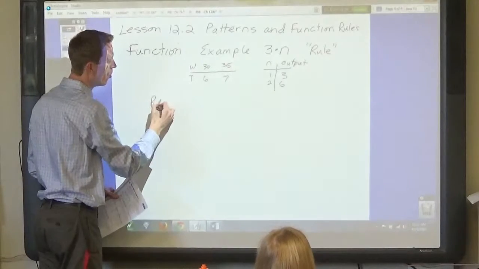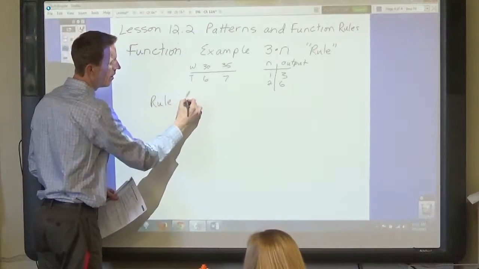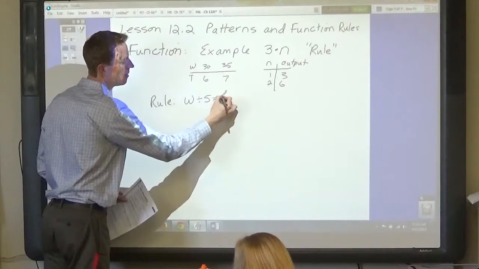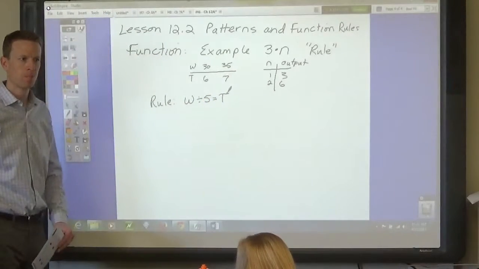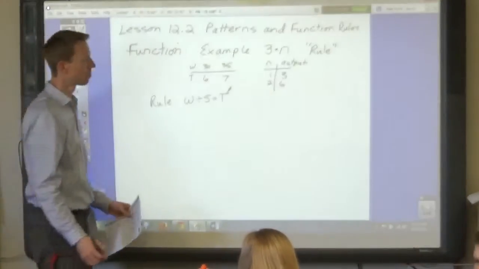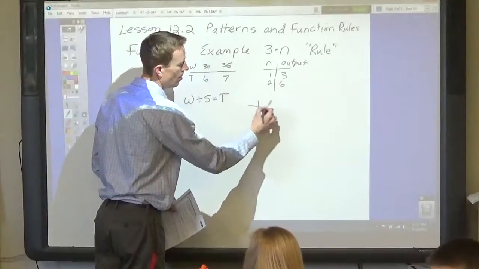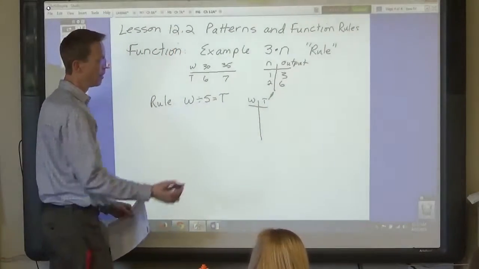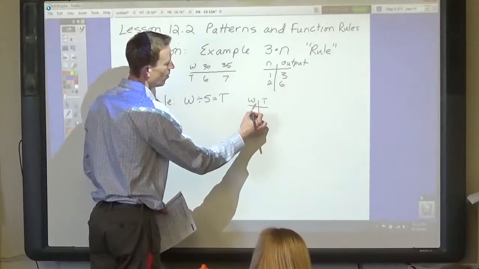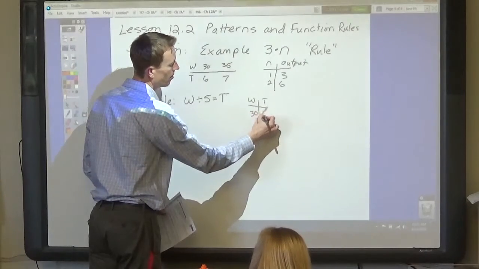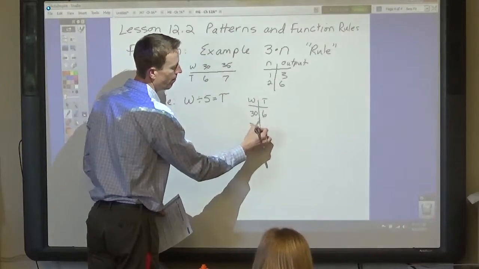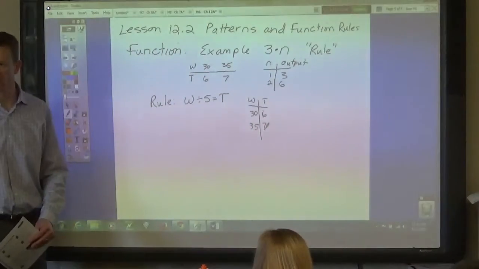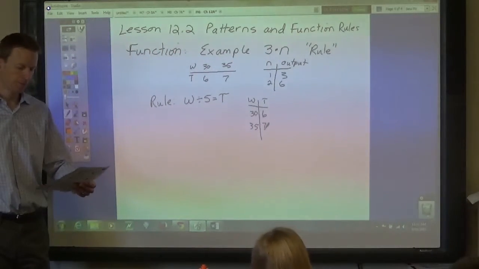So the function rule is W divided by 5 equals T. If we wrote it out this way, W and T would look like this: 30, 6, 35, 7, and so on.